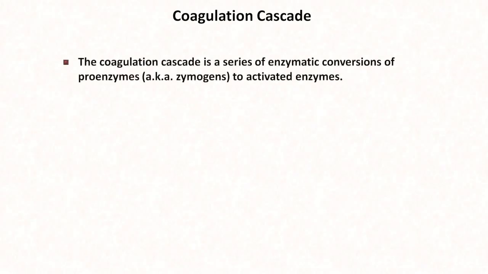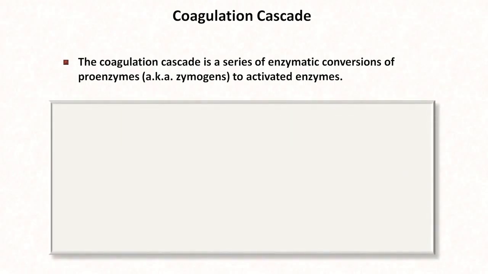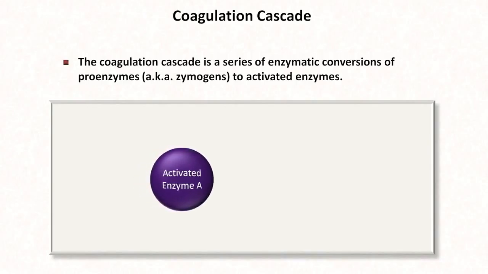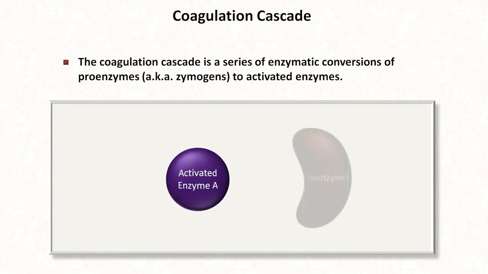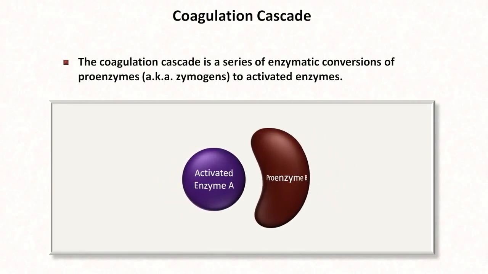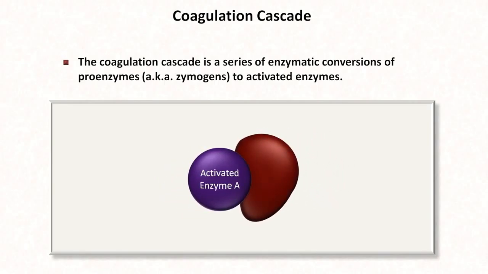The coagulation cascade is a series of enzymatic conversions of inactive proenzymes, also known as zymogens, to activated enzymes. For example, and these are not the actual enzyme names, but just for illustration, imagine activated enzyme A comes along and induces a conformational change in proenzyme B, thus activating it.